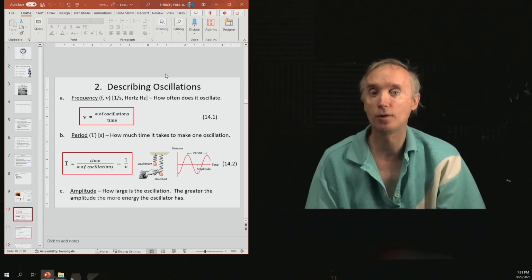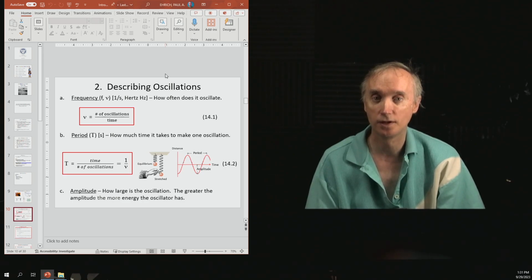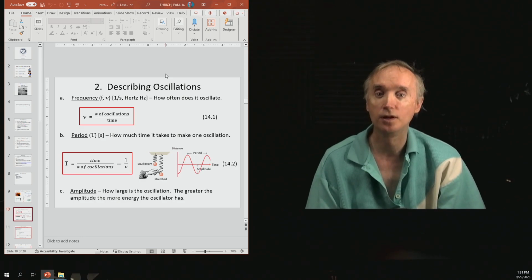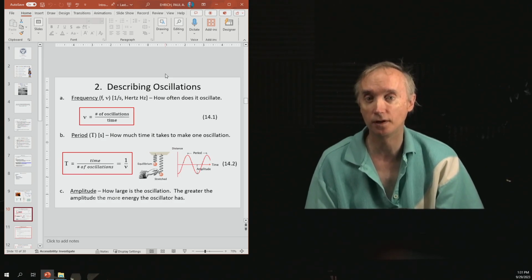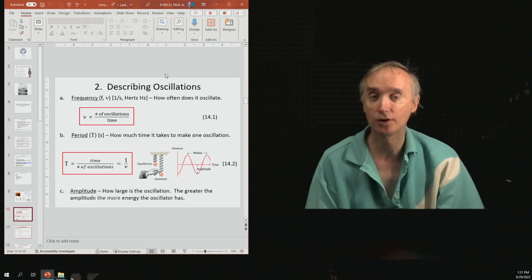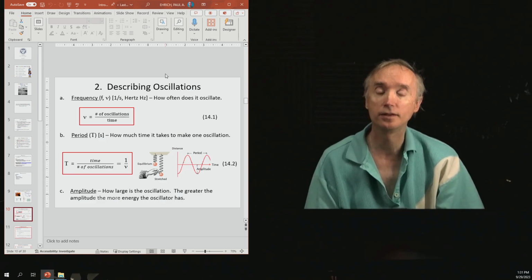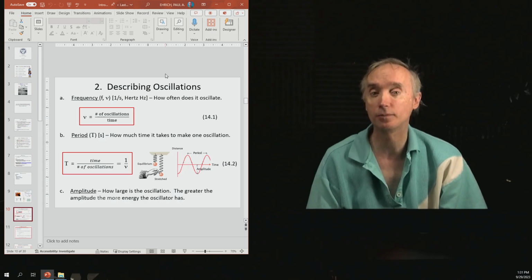Then we talked about what the period of a vibration is, what its symbol is, and what its unit is, and you should be able to calculate the period of a vibration if you know the frequency of the vibration, or calculate the frequency if you know the period. And then the next thing was amplitude.